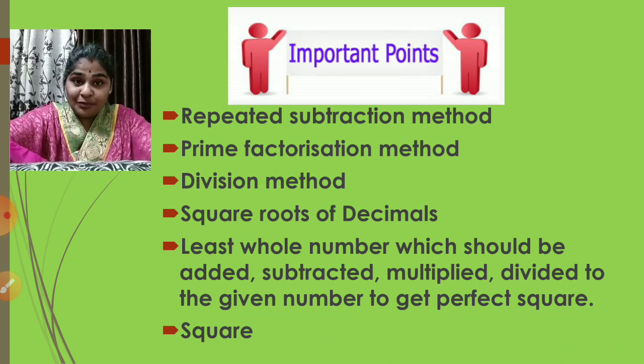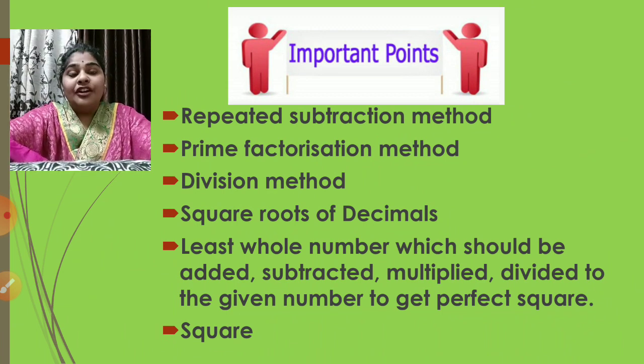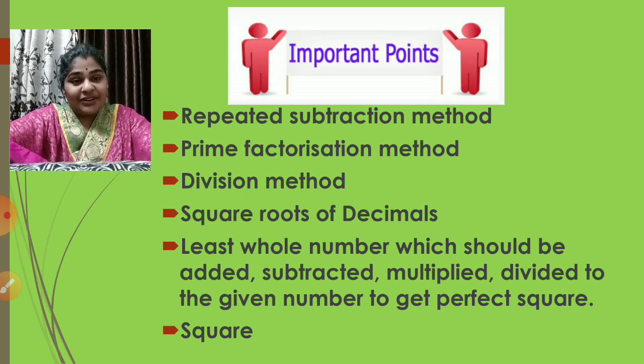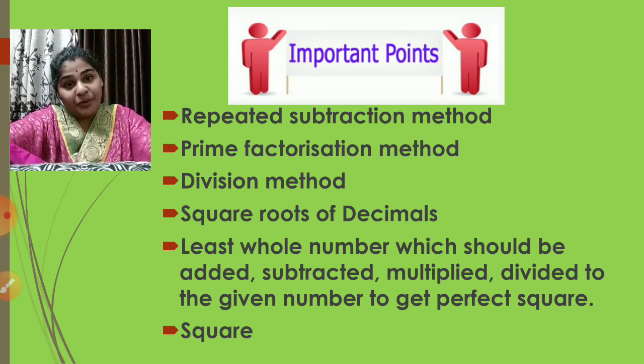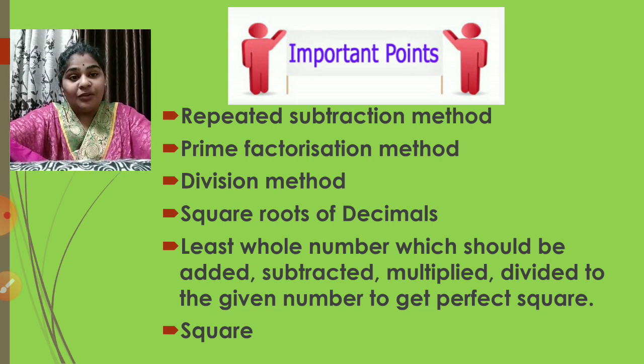What important points should you be aware of from these two chapters? From square and square roots, you should know how to find the square root. Obviously the square is very important. You should know what a square is, what the symbol of the square root is, and how to square a number. You should be aware of the repeated subtraction method, prime factorization method and division method to find square roots.